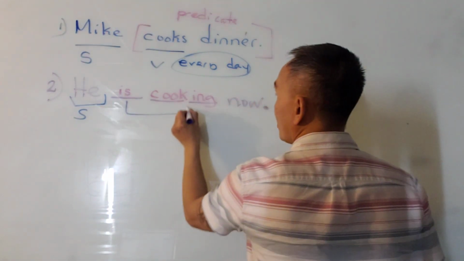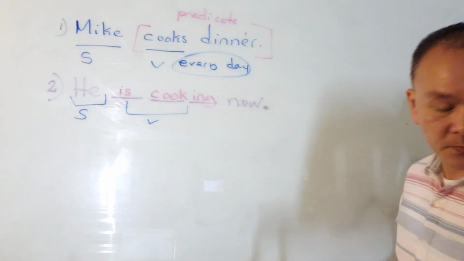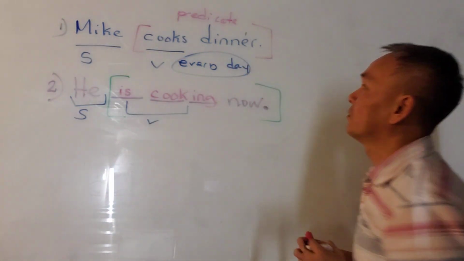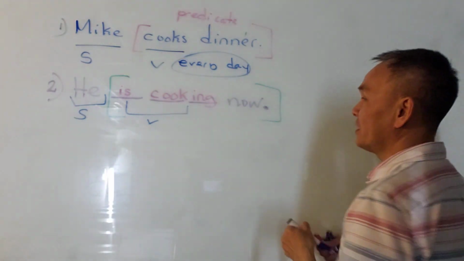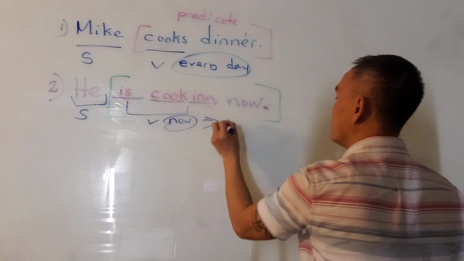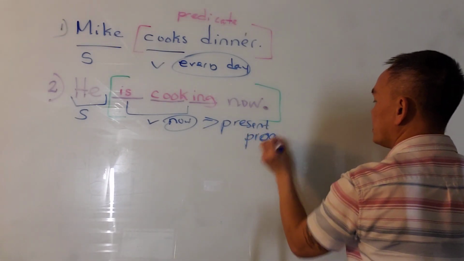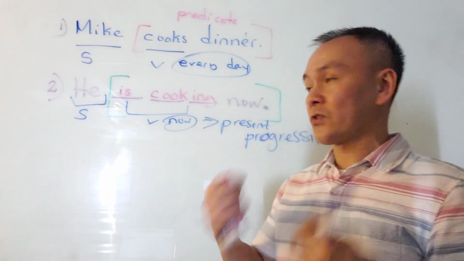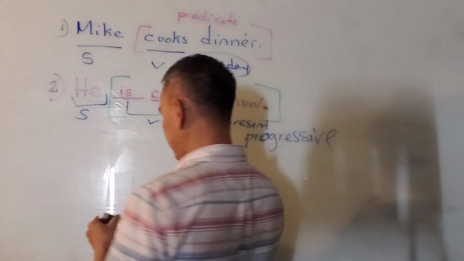These are the verbs. Then what is the predicate? The predicate is cooking now. When? Right now. So for this sentence, we say right now. This is called present progressive. This is called the simple verb, and this is present progressive, okay?